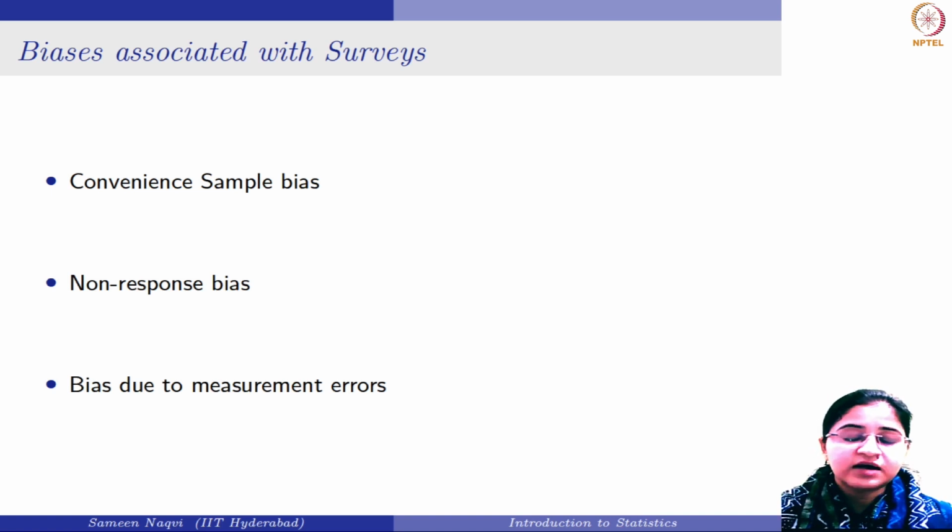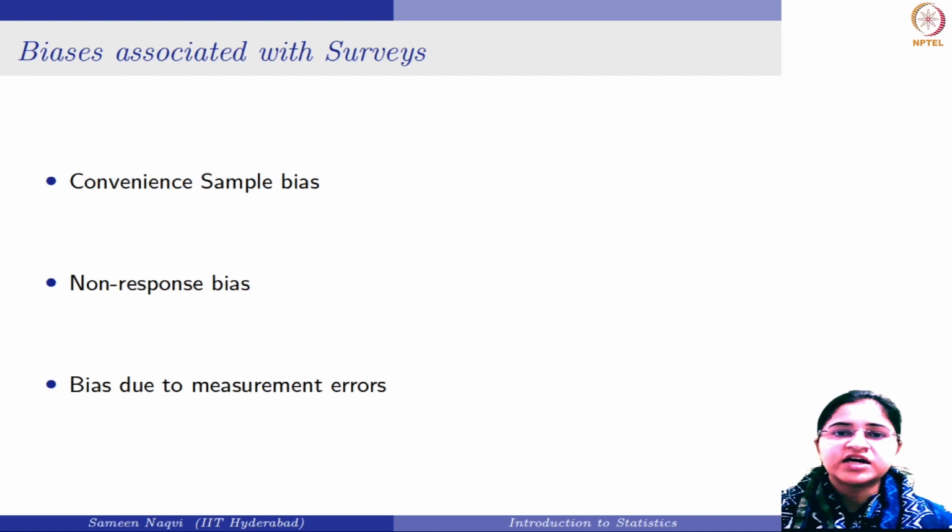In non-probabilistic sampling, we have convenience sampling or volunteer or purposeful sampling. On the other hand, in random sampling, we have the four most common ones: simple random sampling, stratified sampling, cluster sampling, and systematic sampling. We have seen different examples where they are applicable.